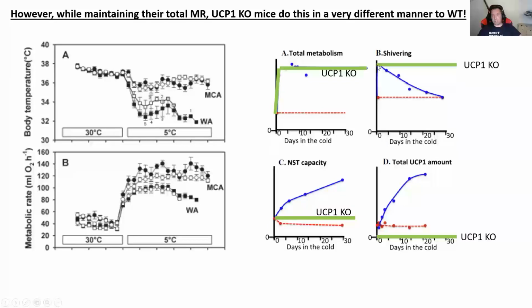However, over 30 days, shivering does not diminish, and this has been proven experimentally with EMG readings. Non-shivering thermogenic capacity really does not increase in the way it would in a wild-type mouse, and the total UCP1 amount obviously is completely flatlined. So you're still able to do the metabolism, but you're doing it using different components of that metabolic rate chart that we showed in the very first slide.